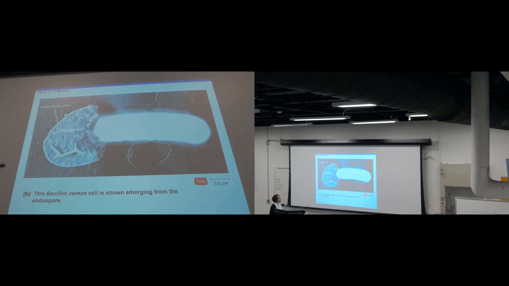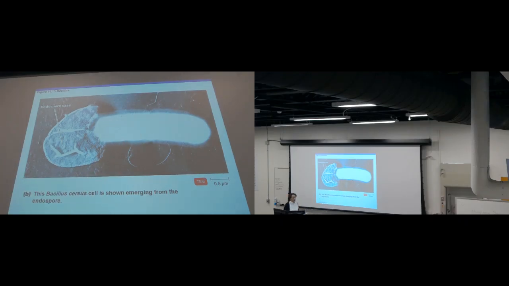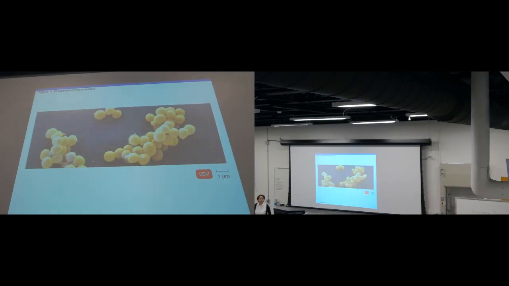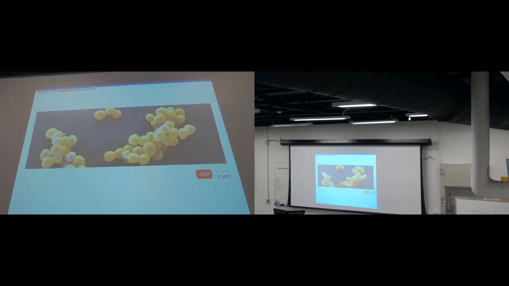So here we have the growing of a bacteria out of this endospore. So this endospore was released into the environment, and now this bacteria grows. This is a rod, so it is turning into a vegetative form. Now here we have Staph aureus. This is a scanning electron micrograph; the previous one was a transmission electron micrograph.